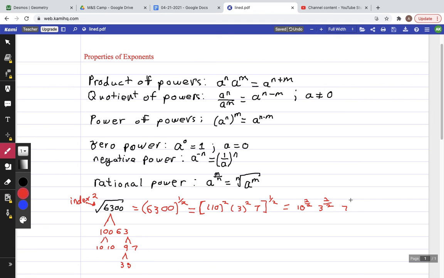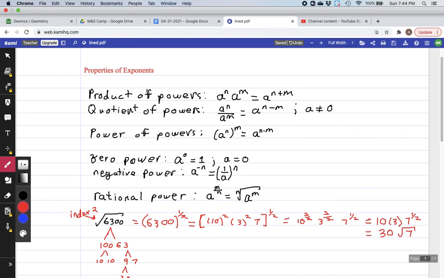And 7 still is 1 over 2, which means that this is the same thing as saying 10 times 3 times 7 to the 1/2 power, or 30 square root of 7. Now, this is just showing why the method previously worked. But that will do it for this video, and I will see you in the next one.